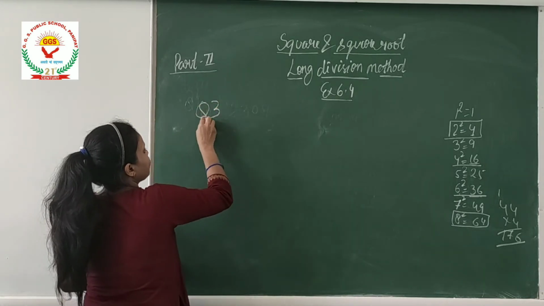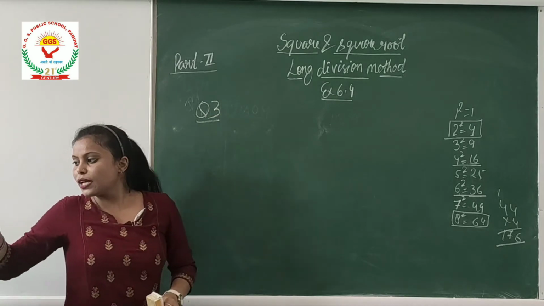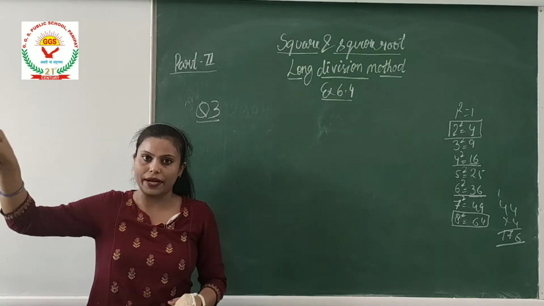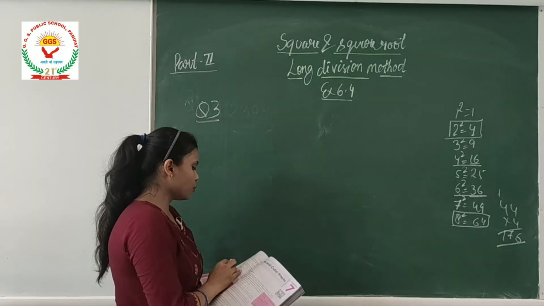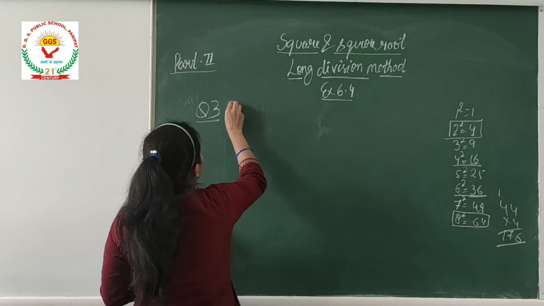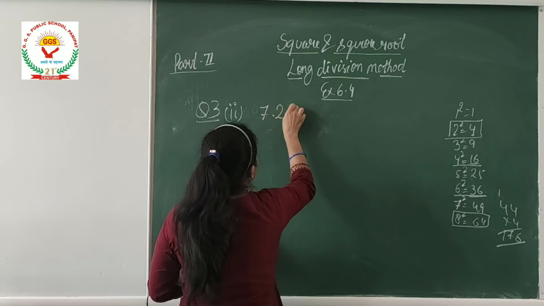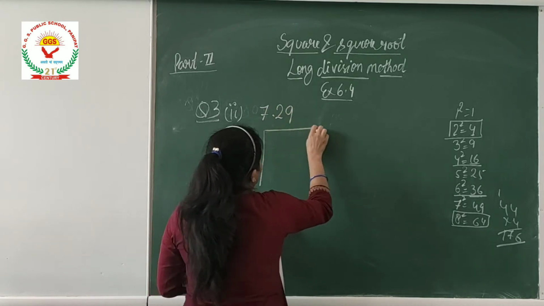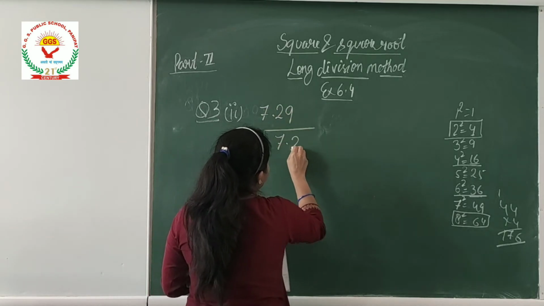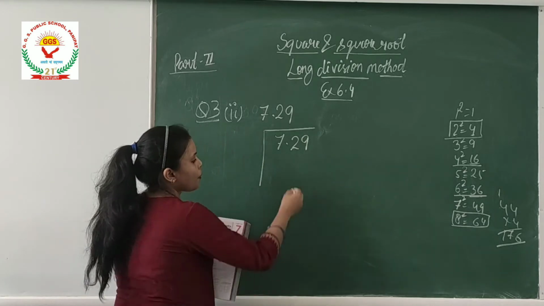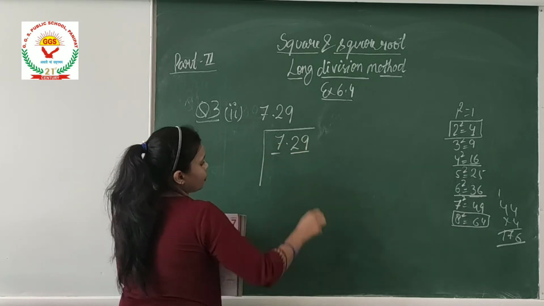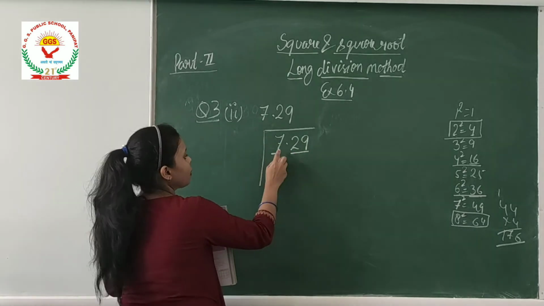Question number 3. In this question we have decimal numbers to find their square roots. Let's take the second part of this question, 7.29. The process will remain the same. We will make pairs first. Now we will do the same thing.